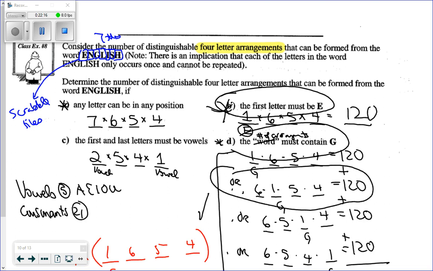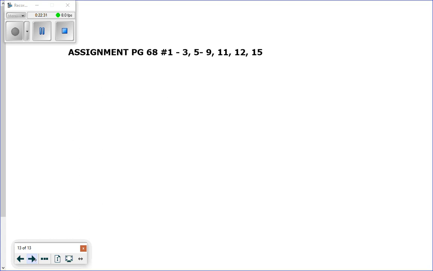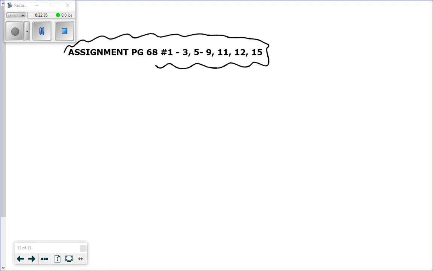Those 2 have the same number of arrangements, even though they look completely different. You just got to trust the process on this. So go in and circle these questions for me. And then I'm going to keep going on here and just finishing up one more thing.